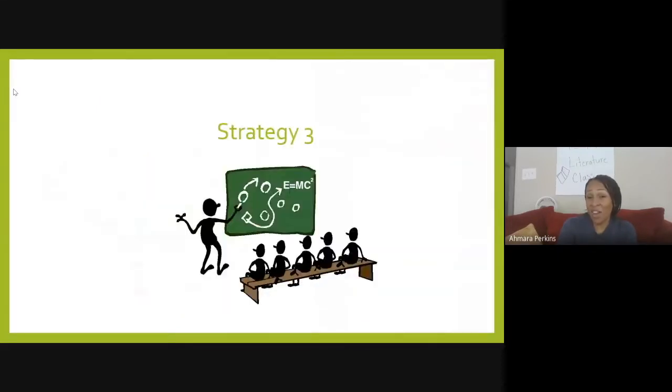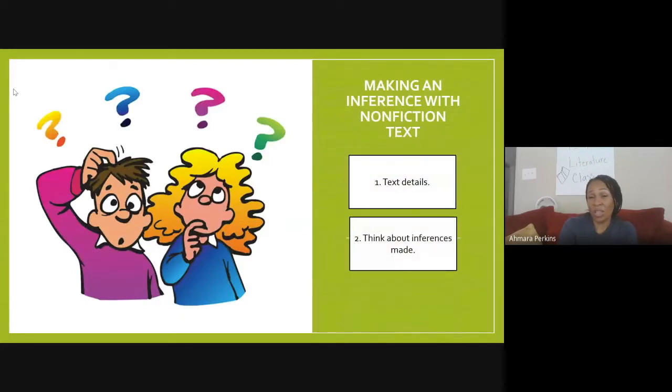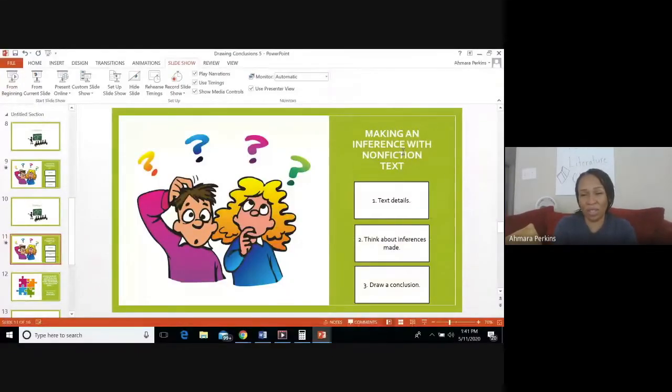And then the third thing that we did, we took those inferences and we thought about those inferences to draw a conclusion. So I have to change this. I'm going to change it to using inferences to draw conclusions. Conclude.